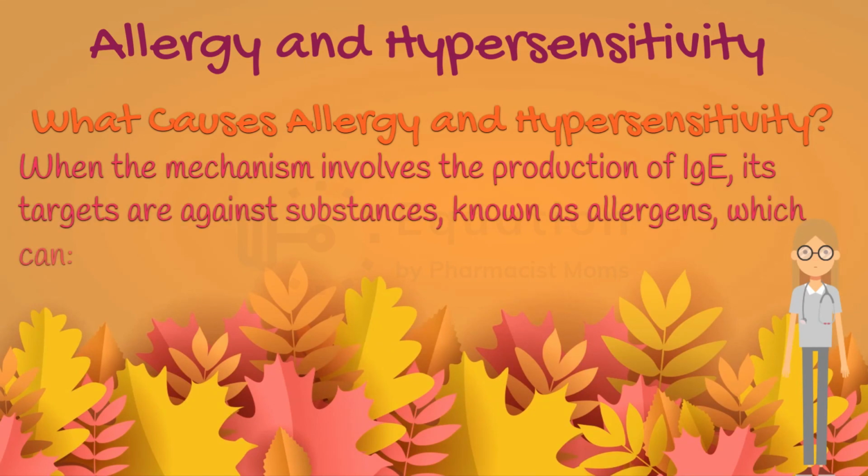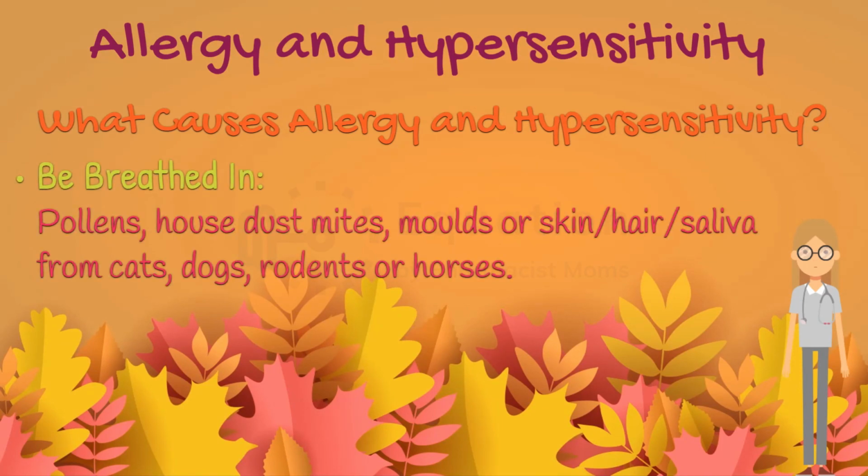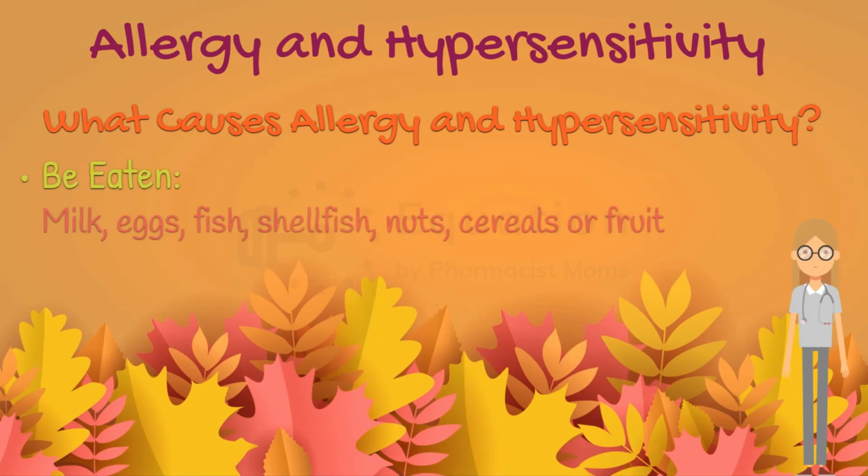When the mechanism involves the production of IgE, its targets are against substances known as allergens, which can be breathed in. This can include pollens, house dust mites, molds or skin, hair, saliva from cats, dogs, rodents, or horses. Be eaten.